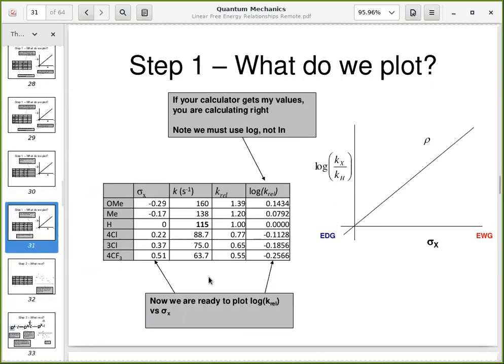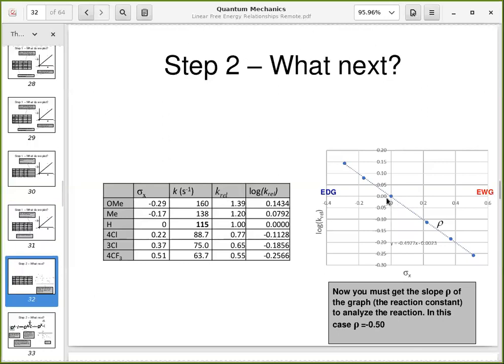Okay, so here we're ready. We've got our y values, we've got our x values. Note that we've passed through x is equal to 0, y is equal to 0. We pass through the origin. And when I plotted it, it passes through the origin because we divided everything by kH, such that on the left-hand side, we've got electron donating groups, and the right-hand side, we have got electron withdrawing groups.